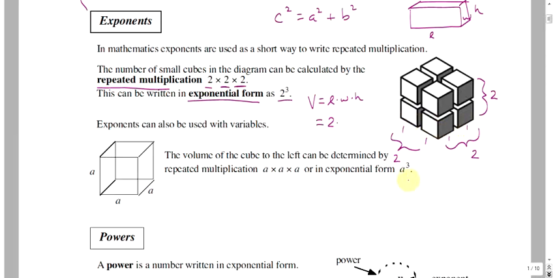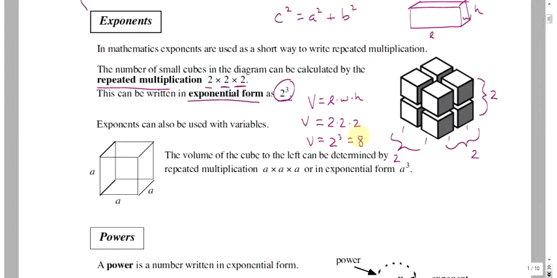No. Just turn your cube the other way, and if you like this to be the length, well, now it's your width. Doesn't matter. I can go height times width times length. It doesn't matter what order these are in. These are 2 times 2 times 2. That's the volume. I can also write that as 2 cubed, and we know that's 8 units cubed.